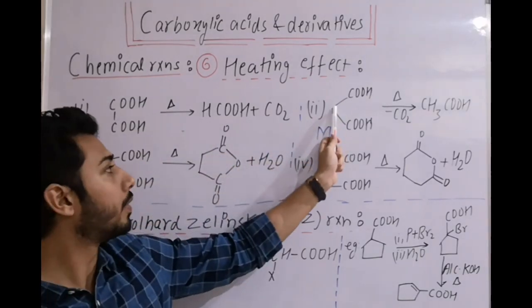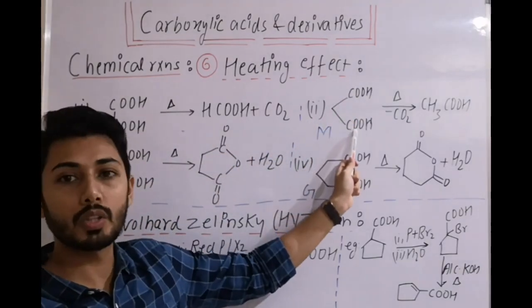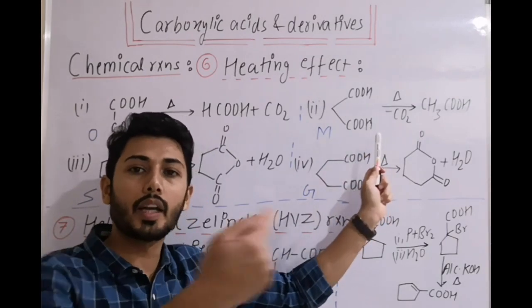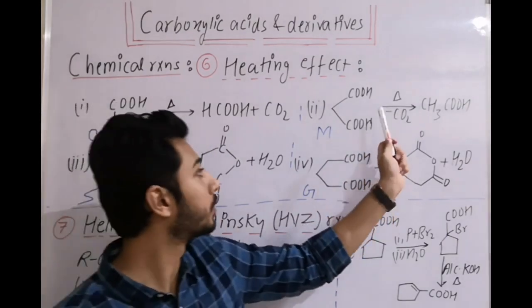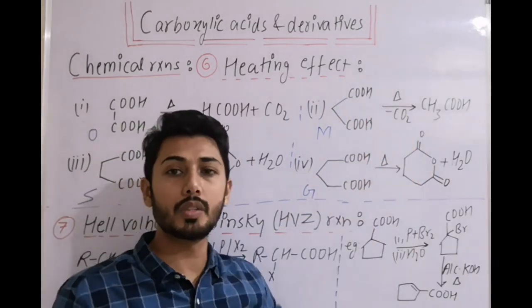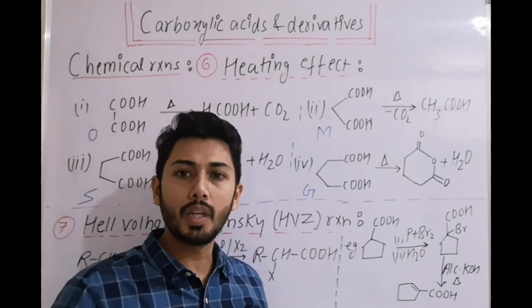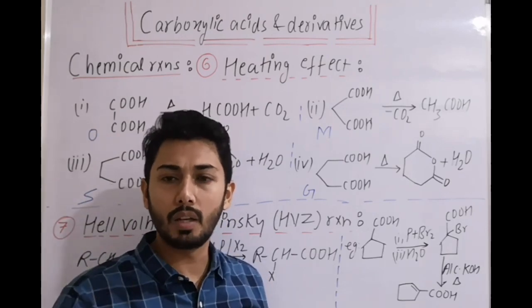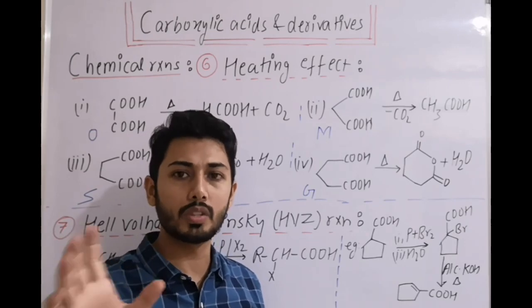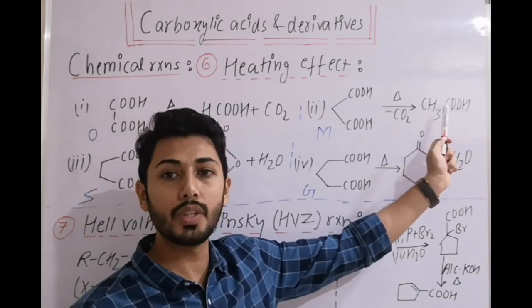Second, with 1 CH2 in between these two carboxylic groups, this is the particular acid which is malonic acid. In malonic acid, again 1 CO2 is evolved and it gives CH3COOH. The second reaction is important: it is a geminal dicarboxylic acid. Direct heating evolves 1 CO2 and we get carboxylic acid, here CH3COOH.